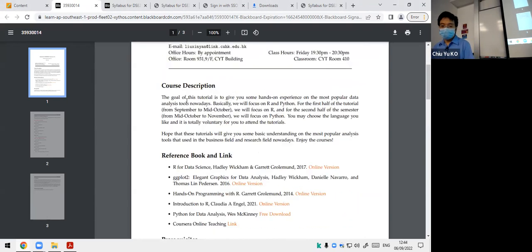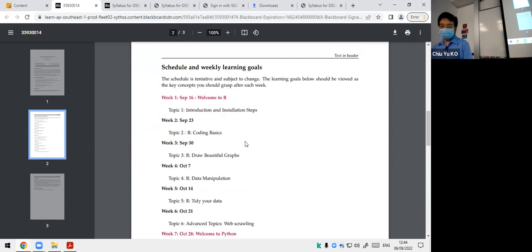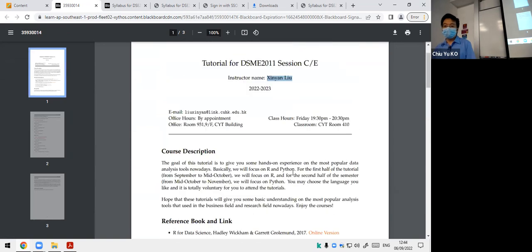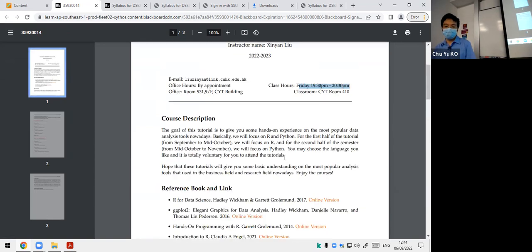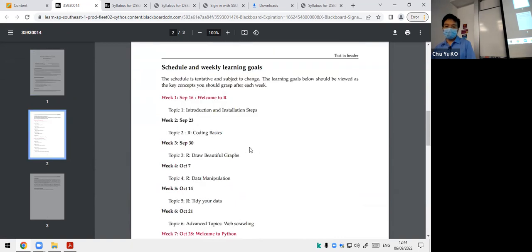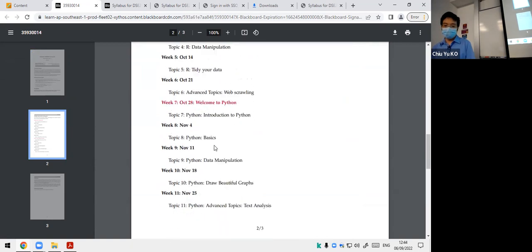You can go over the details because it's optional, but the tutorial starts from next week, on Friday. It's an optional computer lab, combining section C and section E. You can go, or you may ask your friend to go, or you may ask her for the slides if you are busy.